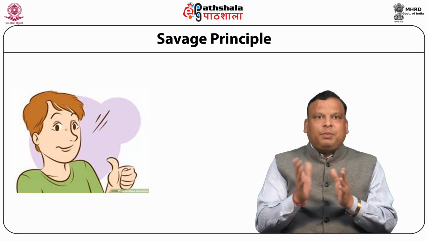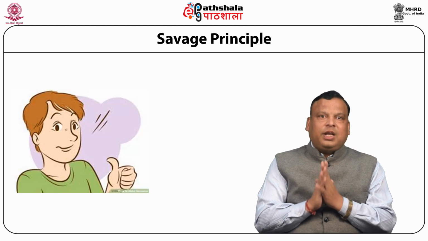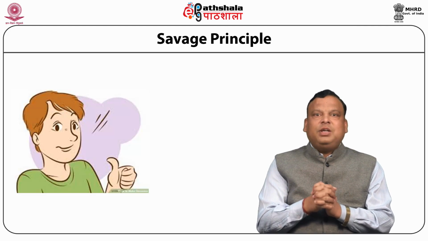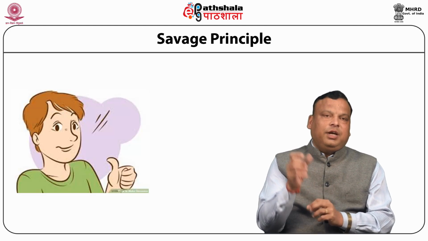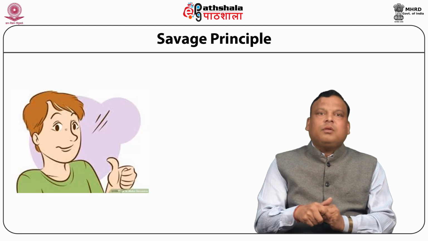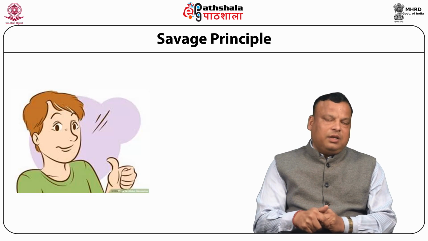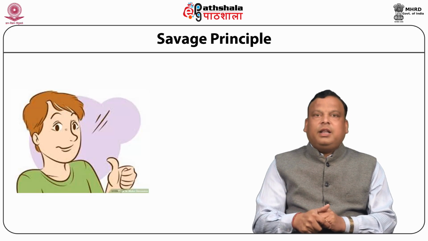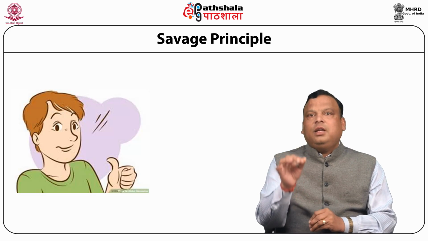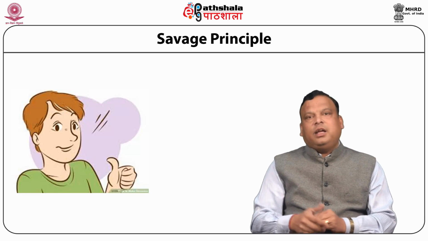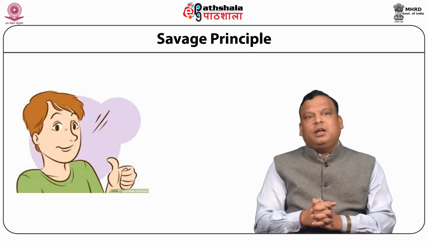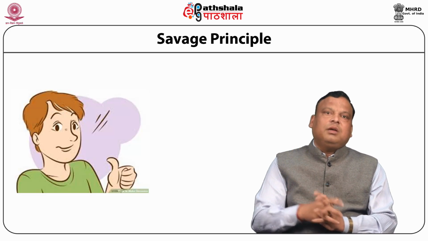So Savage principle suggests to select a strategy that is minimizing the maximum regret. So in this, first of all, we need to prepare a regret table from the given information, that is opportunity loss table, and then we will calculate the minimum regret for the every strategy, and then we would be selecting the strategy with the minimum regret.